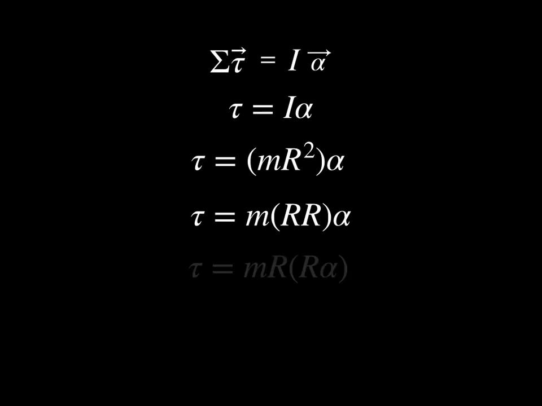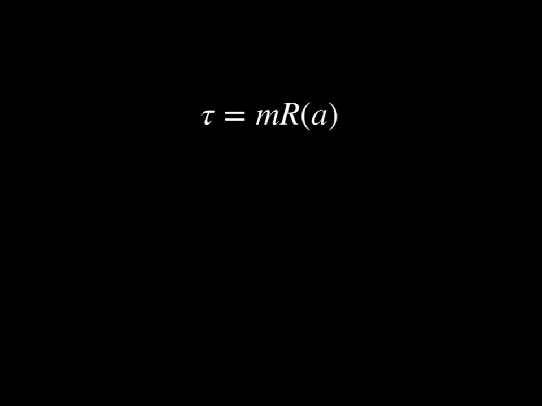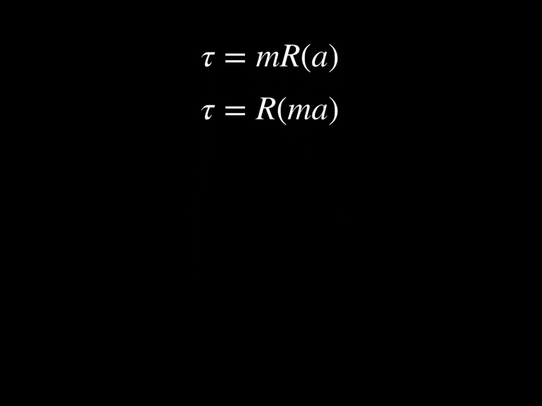With a little bit of regrouping, we can isolate r times alpha, which you may notice as linear acceleration. Again, rearranging our variables and grouping m and a together, we notice that we have a force.